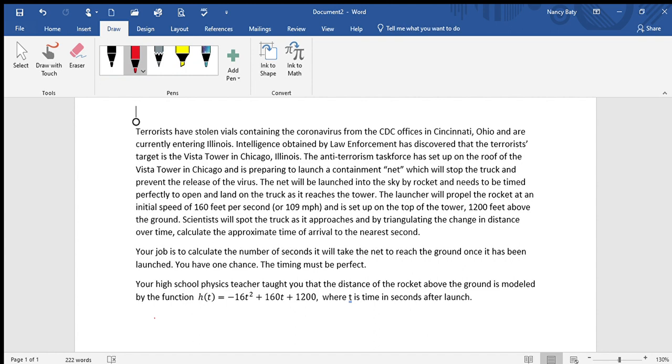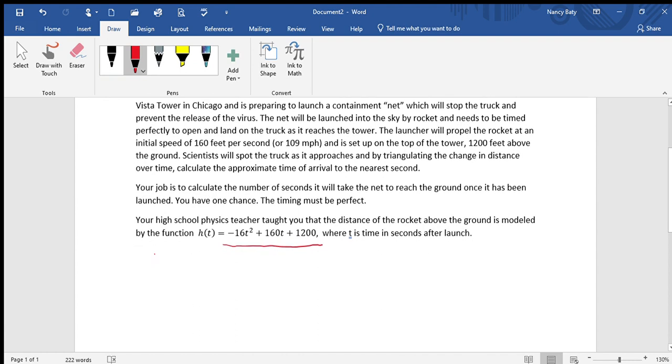So using some high school physics, we came up with an equation that represents the distance of the rocket from the ground. And as I said in class, this isn't exactly the perfect formula. The exactly perfect formula is slightly beyond the scope of this course. But this will do to motivate solving quadratics.